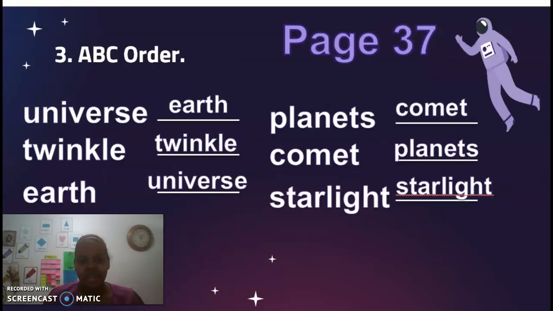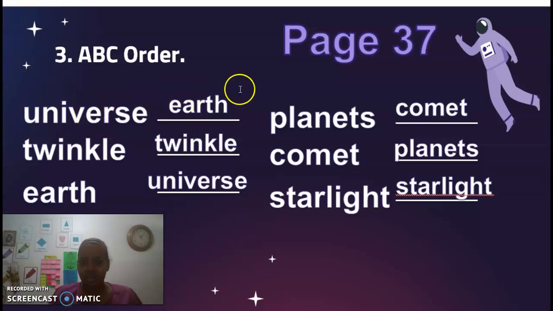Exercise number 3. ABC order, on page 37, of course. So here we have 1, 2, 3 words, and here we have another 1, 2, 3 words. What we are going to do is write the 3 words in correct alphabetical order.